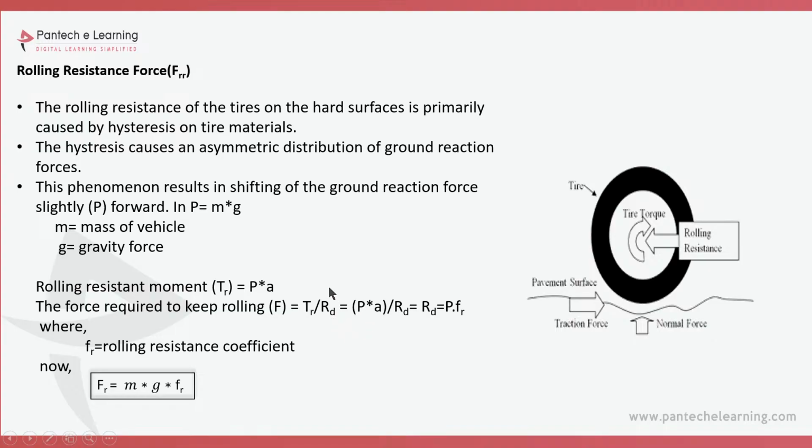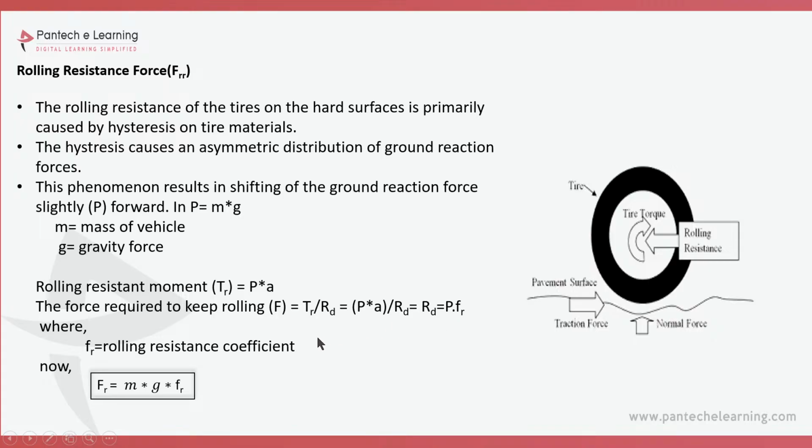So TR equals P into a by RD. Substituting TR, we get P into a by RD. We don't know RD, so we take the a by RD term together as FR, giving P into FR.